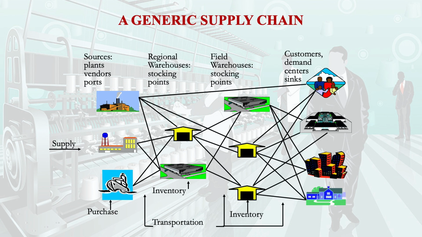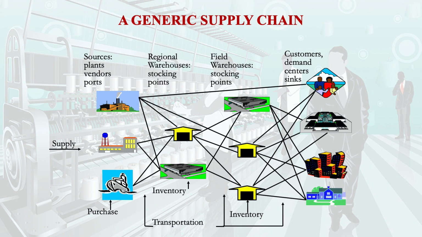On the left side, if you focus, you will find the supply. You have a supply of raw material, human resources, equipment, tools, and various types of services, like electricity, water, and lubrication.